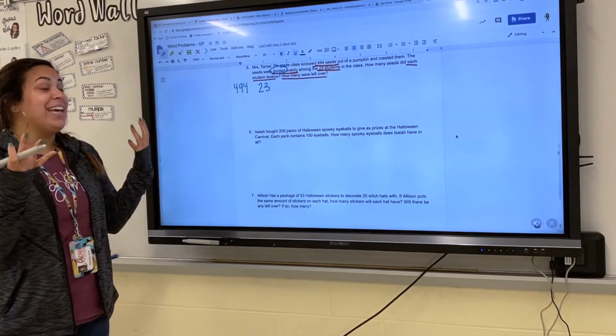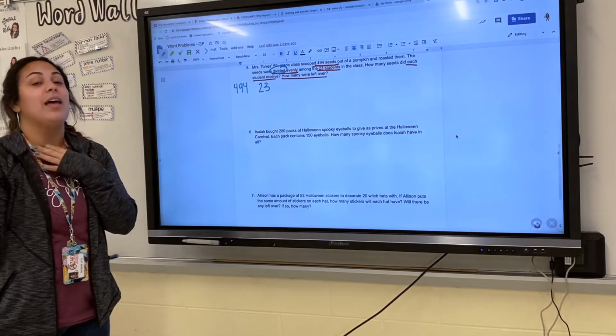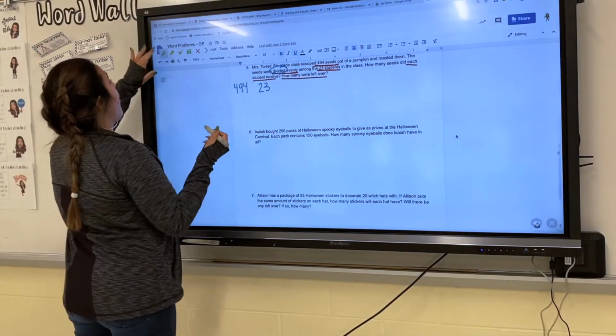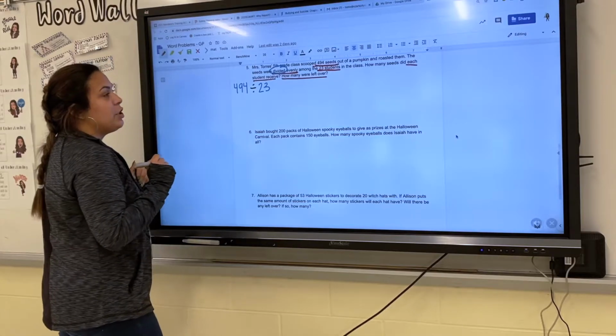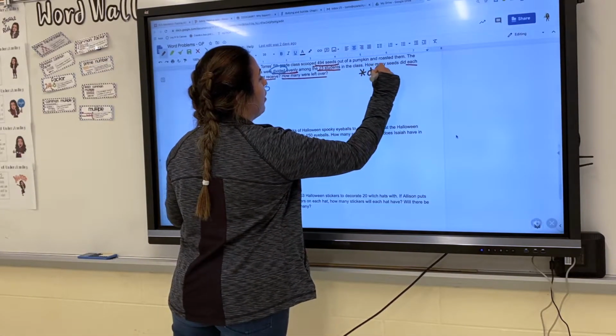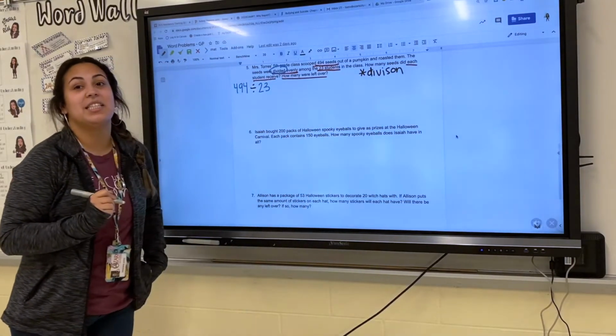If you see in the word problem that something was divided evenly, that means we are dividing to find the answer. So I'm going to put my division symbol and then put an asterisk over here, and write a little note that this is division.